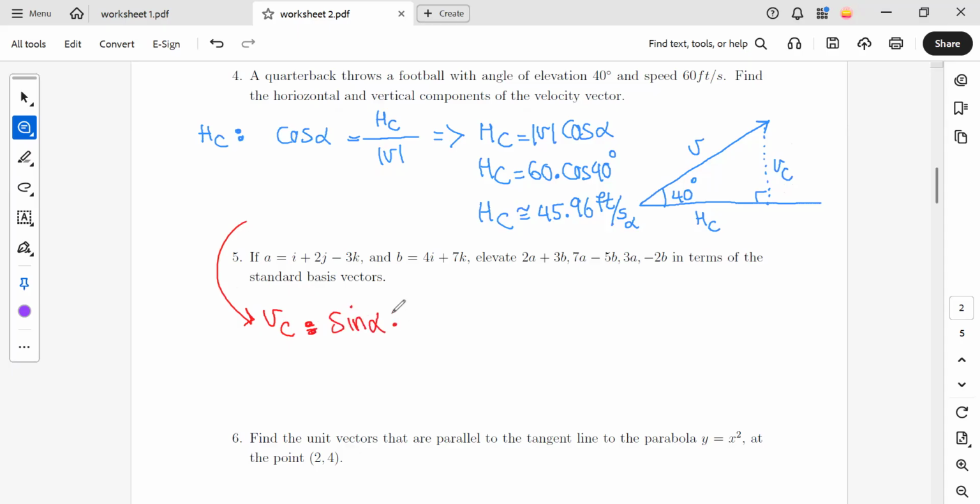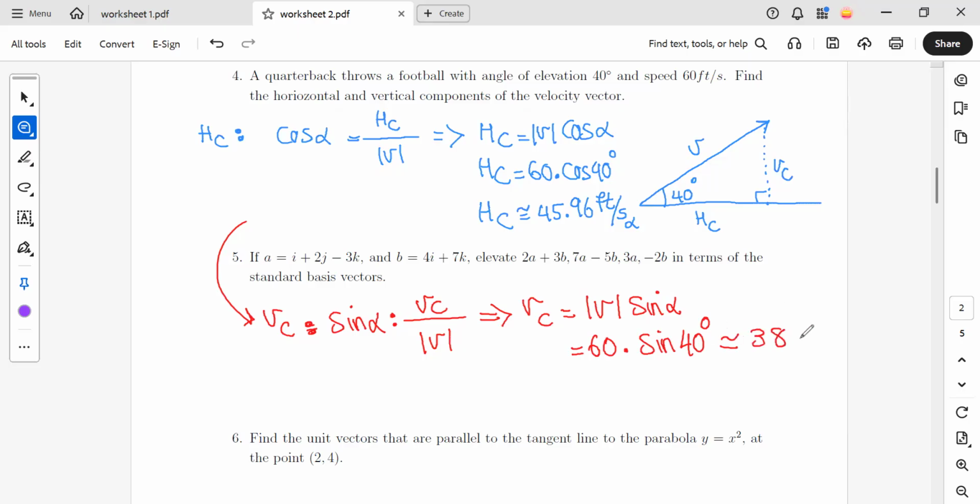If we want to find the sine of alpha, that would be the vertical component divided by the absolute value of V. So from here, the vertical component is the absolute value of V times sine of alpha. We know that the absolute value of V is 60, and we're going to find sine of 40 degrees using the calculator, and that would be 38.57 feet per second.